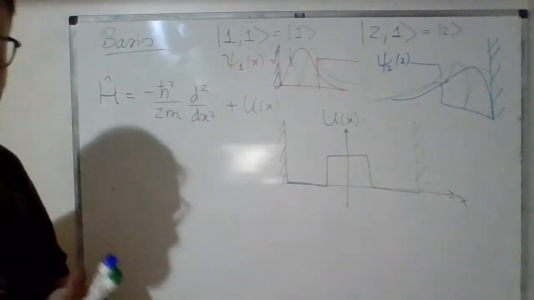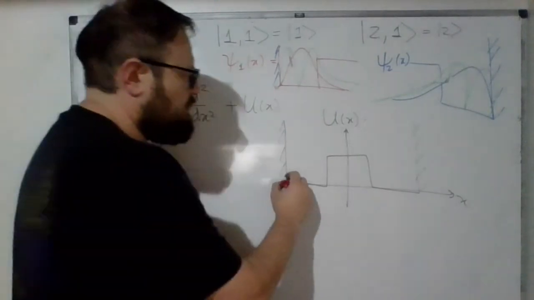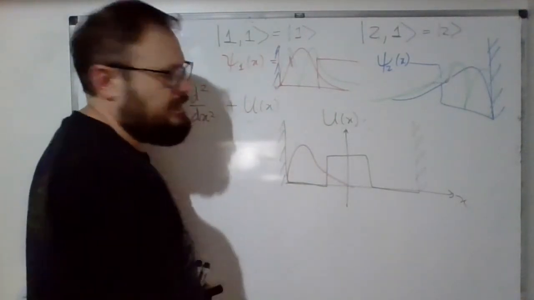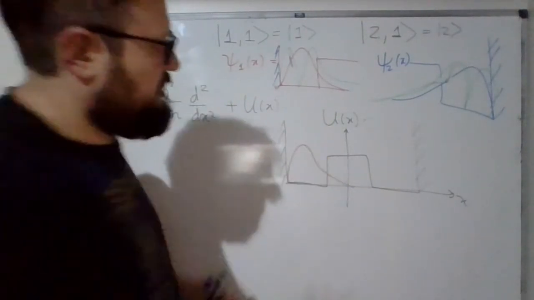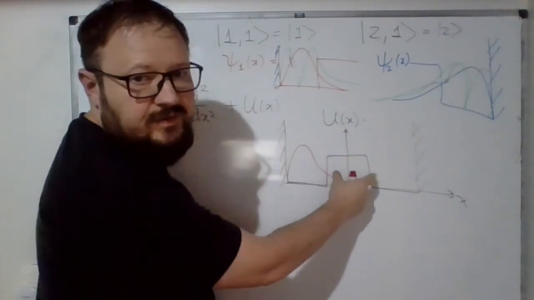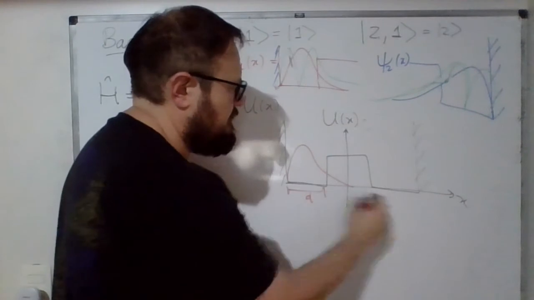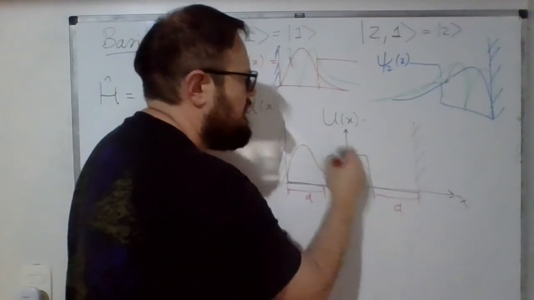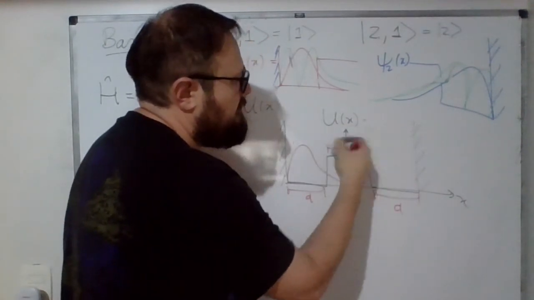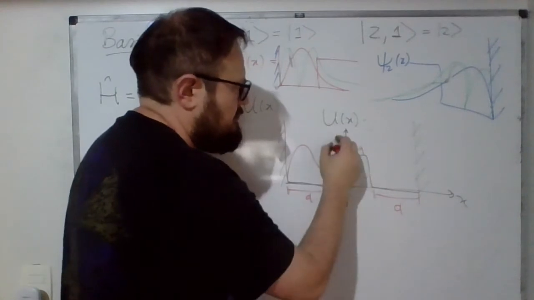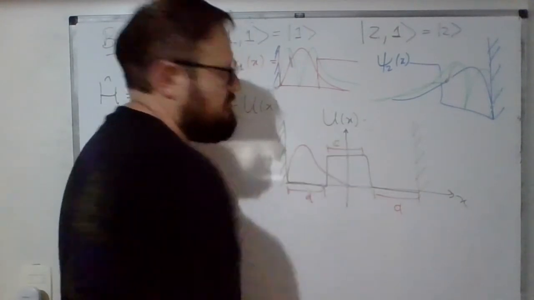If you put the particle in this well here, and if this region here is small enough, this is D, this is D, and this, say, is some C, right?